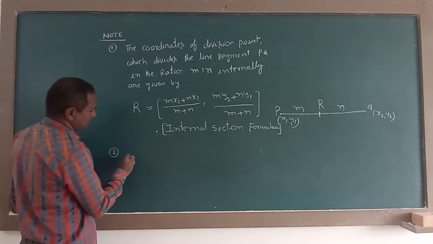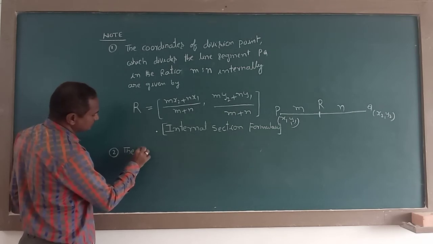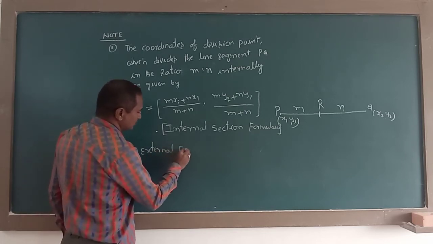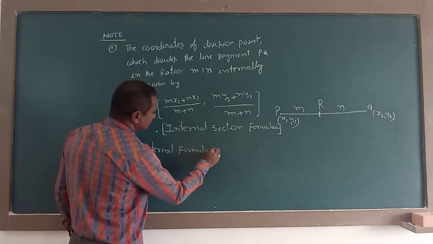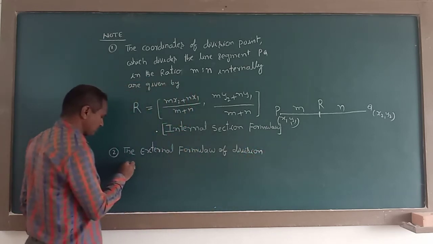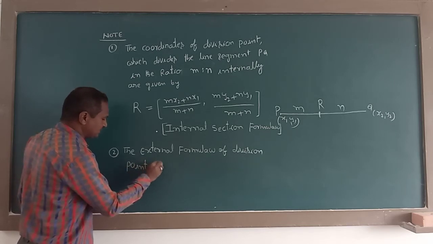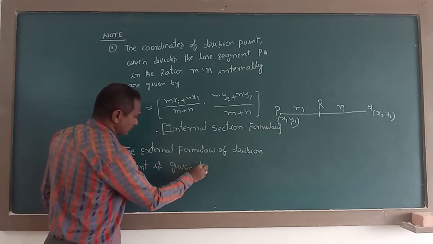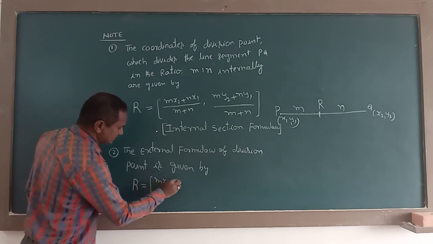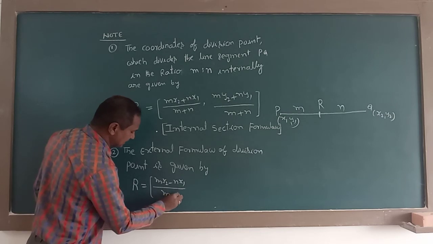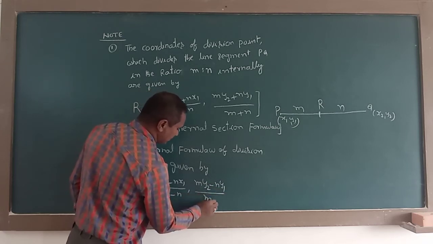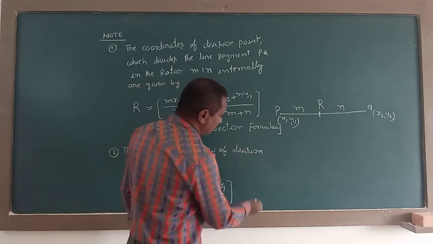Second, the external formula of the division point is given by R is equal to (mx2 minus nx1) whole divided by (m minus n), comma, (my2 minus ny1) whole divided by (m minus n). Here the division point will come outside.